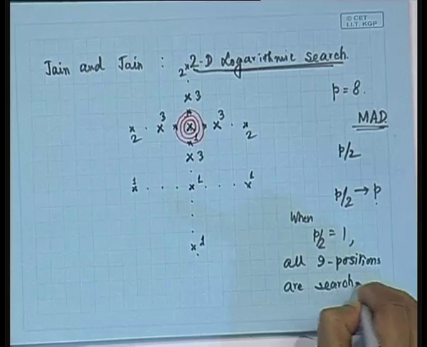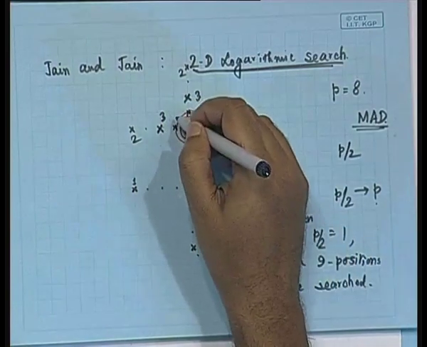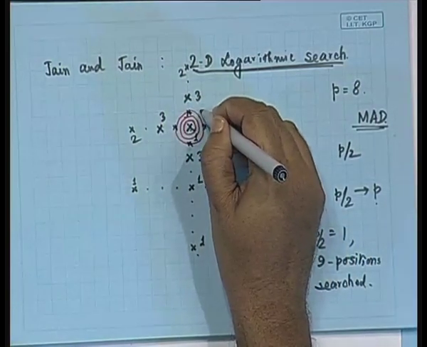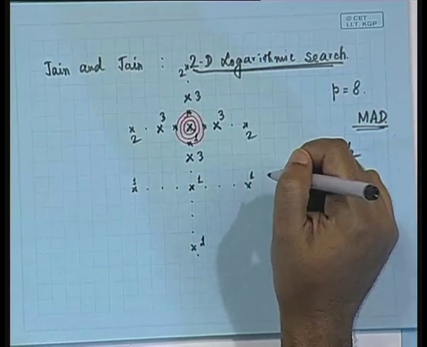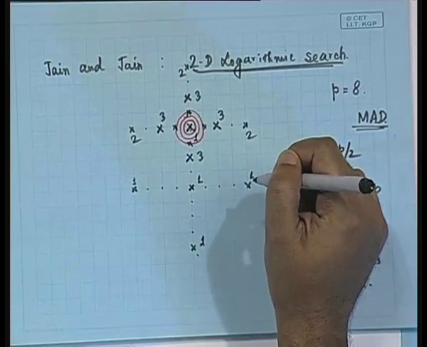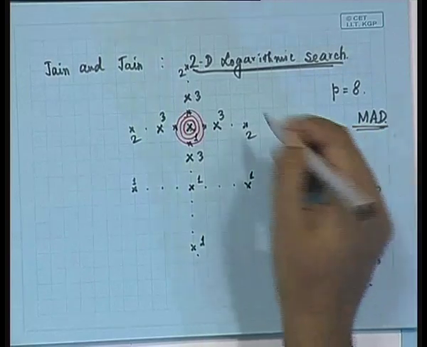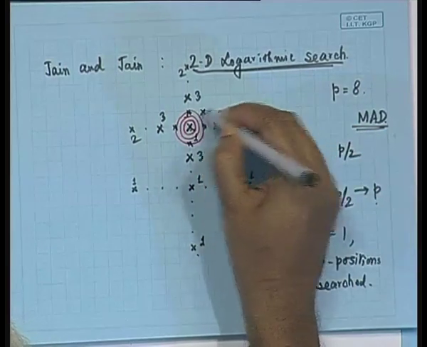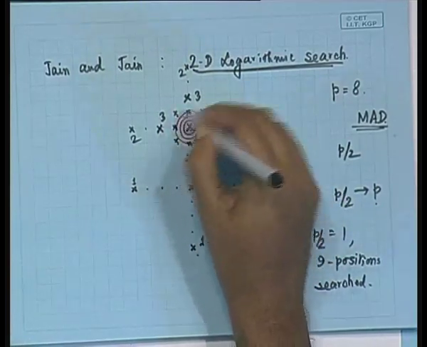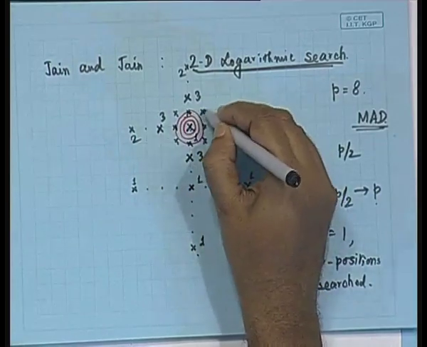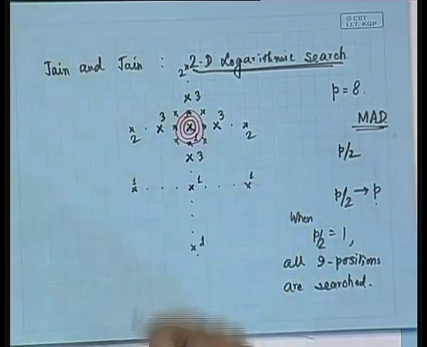There cannot be any further iteration of search; this is the last iteration, because you cannot make p a fraction, the step size has to be an integer. So, you are searching within these 9 positions in the fourth iteration, and out of these 9 whichever gives you the minimum, that is what you declare as the final minimum.